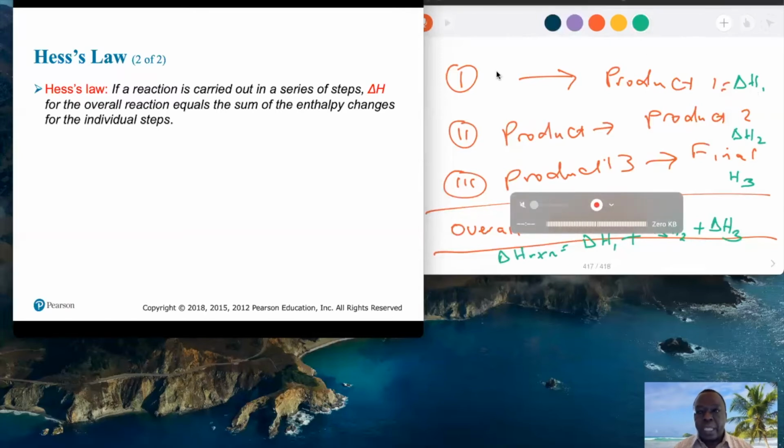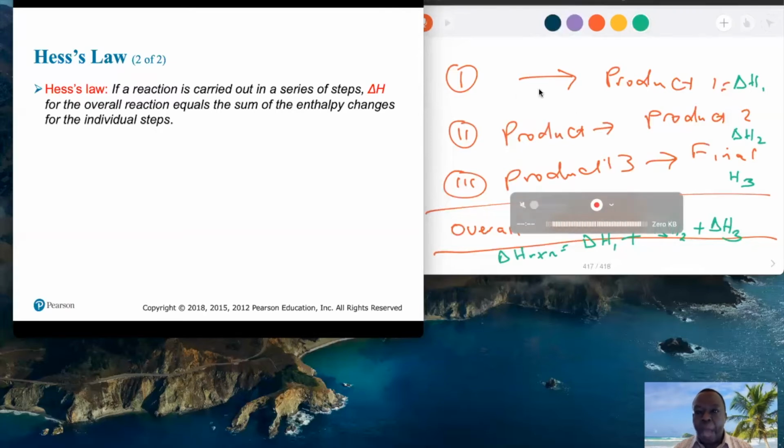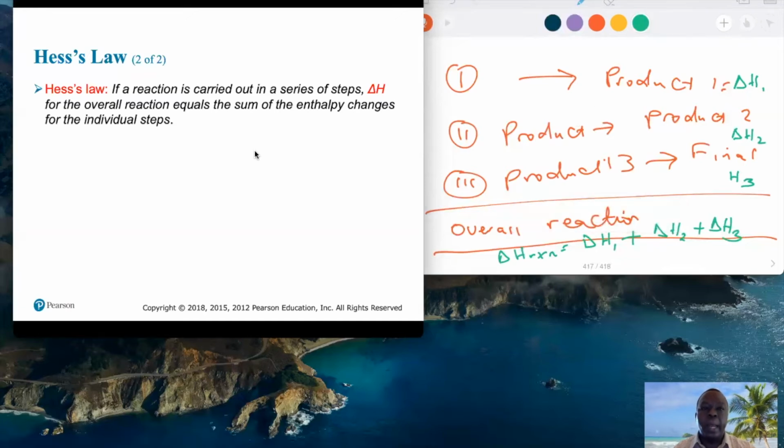If we reverse the equation, the sign of the enthalpy for reaction will change. If we divide the equation by 2 or by a factor, we will have to divide the enthalpy for that step by that factor. Those are the properties we looked at last time, which are handy in Hess's law.